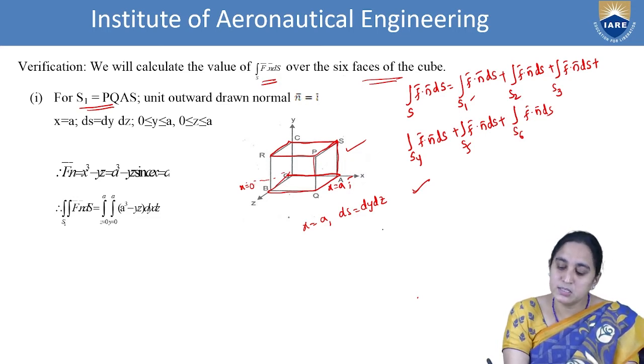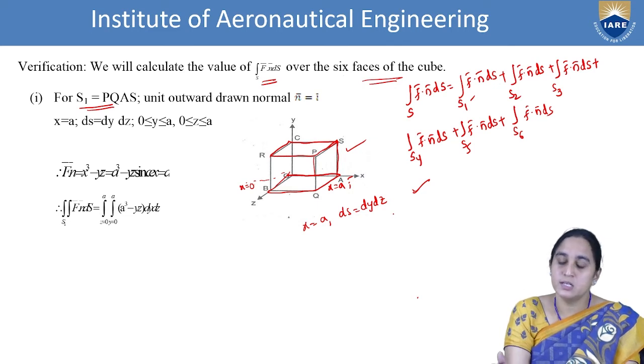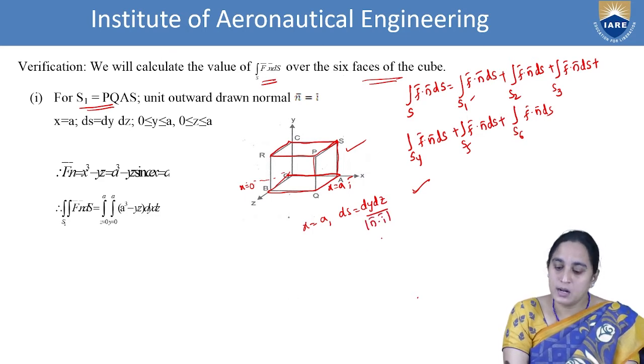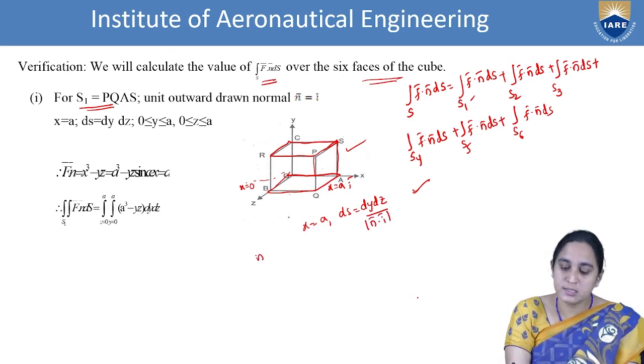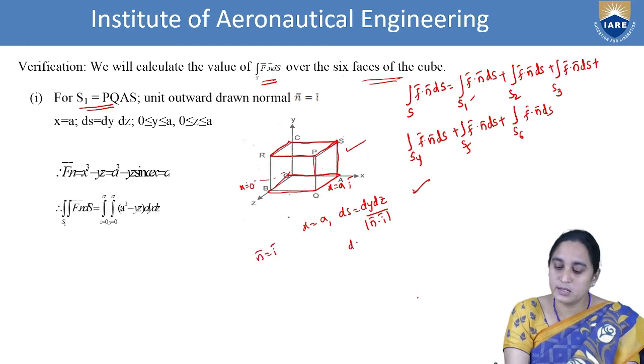But what does ds mean here? Generally, in the surface integral, ds is equal to dy dz by modulus of n bar dot i bar. Already we know that here n bar is equal to i bar. That's why ds is equal to dy dz by i bar dot i bar, that is dy dz by 1.